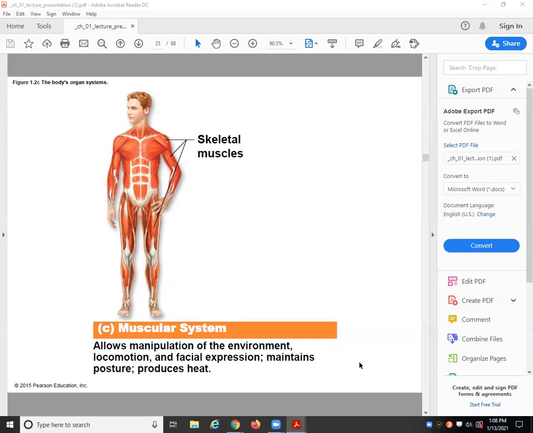The muscular system allows you to manipulate your environment. Locomotion is another word for movement. You also have facial expression because of the muscles in your face, so you can smile or smirk or frown. It helps you with your posture. Even though you're not thinking about it, the muscles in your core are supporting you so you have a certain kind of posture, however you sit normally. And muscles produce heat. When they move, they actually generate heat.